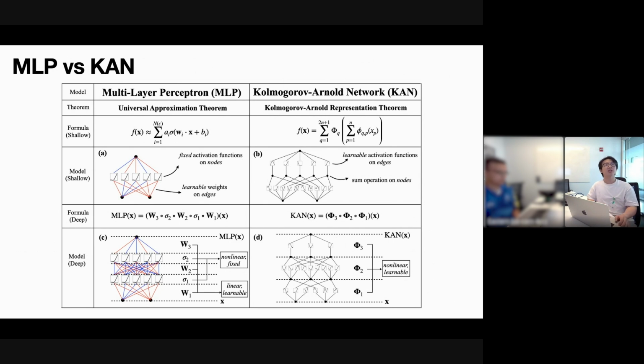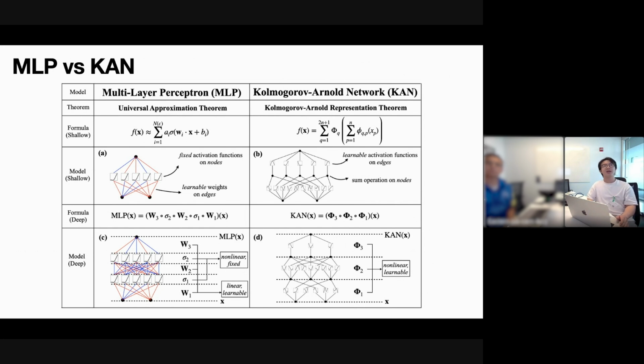Intuitively, we can also plot MLPs and CANs side by side, and you see that MLPs have learnable linear weight matrices on edges and fixed activation functions on nodes. By contrast, CANs have learnable activation functions on edges, while they have some operation on nodes, which does not involve any learnable parameters.